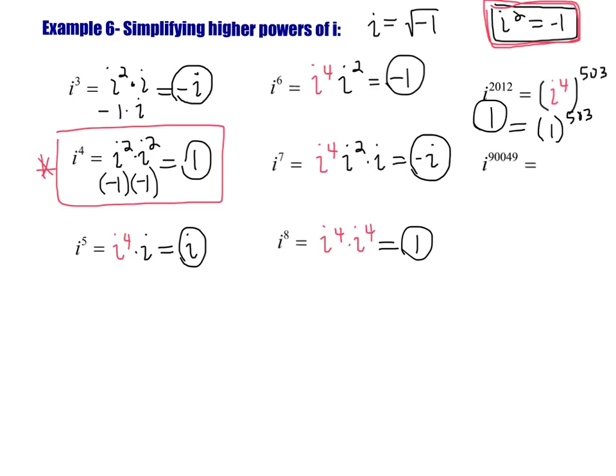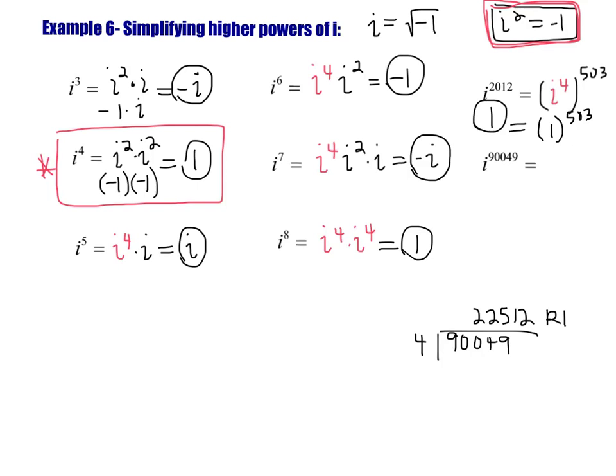What about if we do our zip code here, 90049? Let's try to divide that by 4. So if I do that, I'm going to kind of not quite show all the work here, but you're going to get 22,512. But there's going to be a remainder of 1.